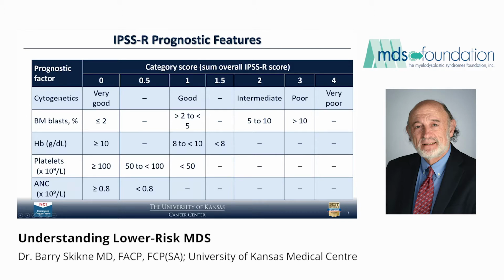Now, the pathologist will count the number of blasts in the bone marrow. There's 4 categories that you can see for blasts going across along that row. So it may be less than 2 to greater than 10.